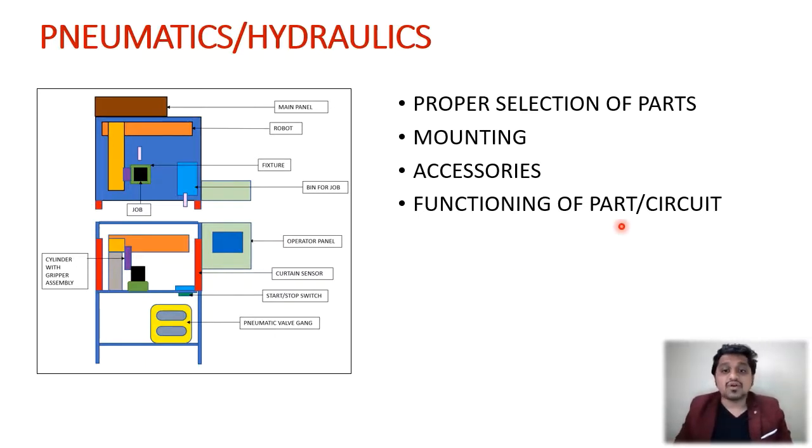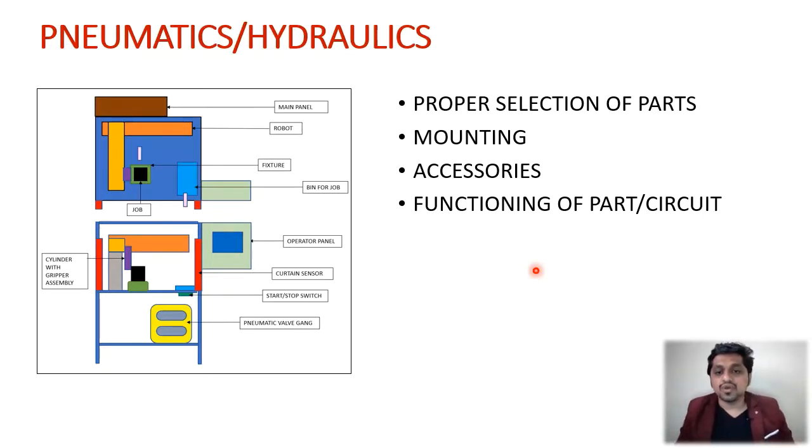Then the functioning of the part and circuit. Sometimes it happens that you are going to purchase some new part and it requires some other parts also to function properly. If you don't know the complete circuit of the part, it can be difficult, because at the end of the complete machine it might happen that some part is missing.